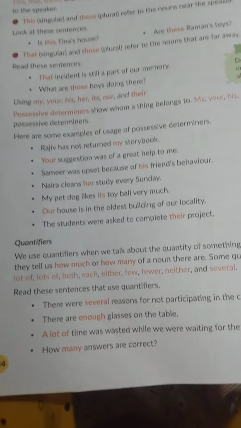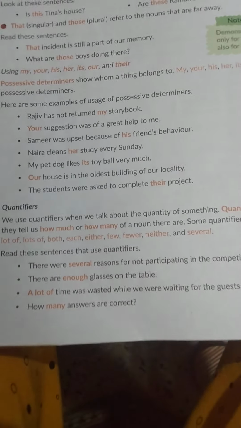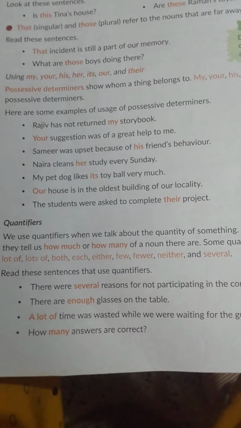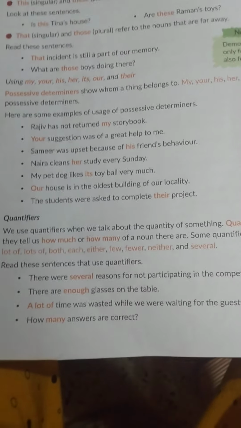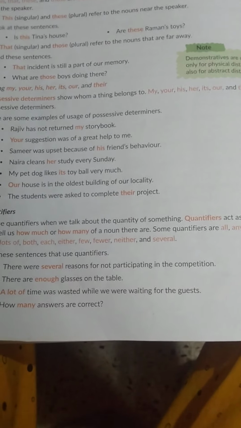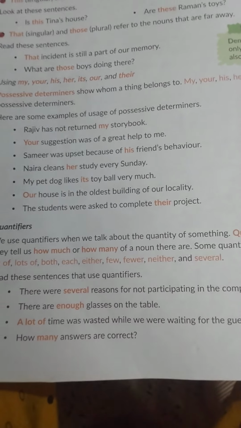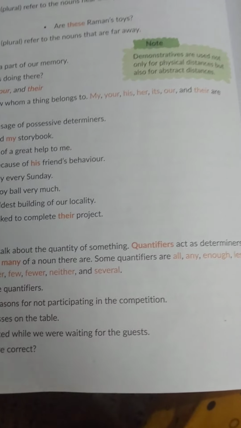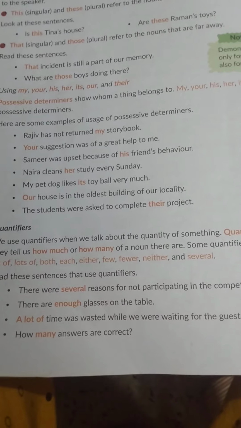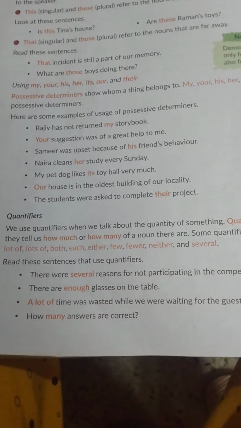Then quantifiers. As the word suggests, it means quantity. So in this quantifier, how many and how much both will come, I mean countable and uncountable, both. There are some examples: all, any, enough, less, lot of, lots of, both, each, either, few, fewer, neither, several.